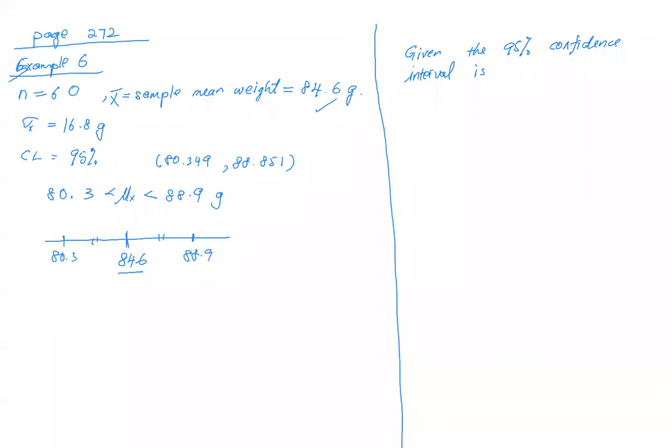I just simply give you a value, the confidence interval of the mean is 80.5 and 89.6 gram.